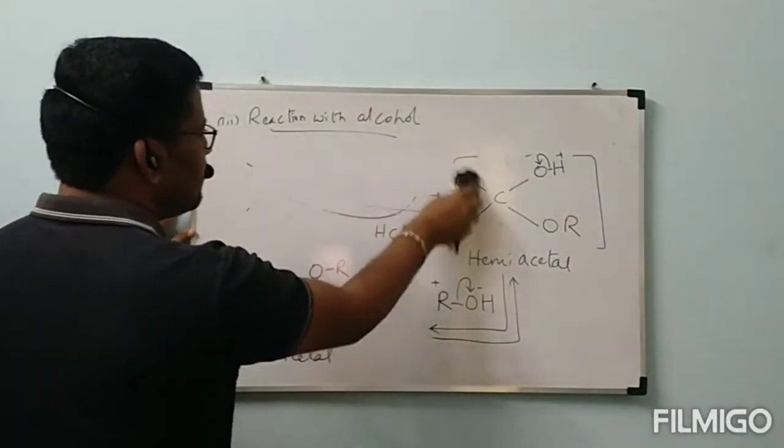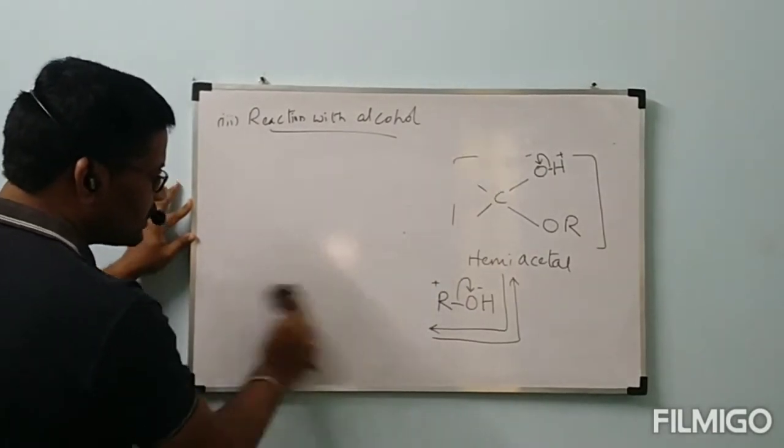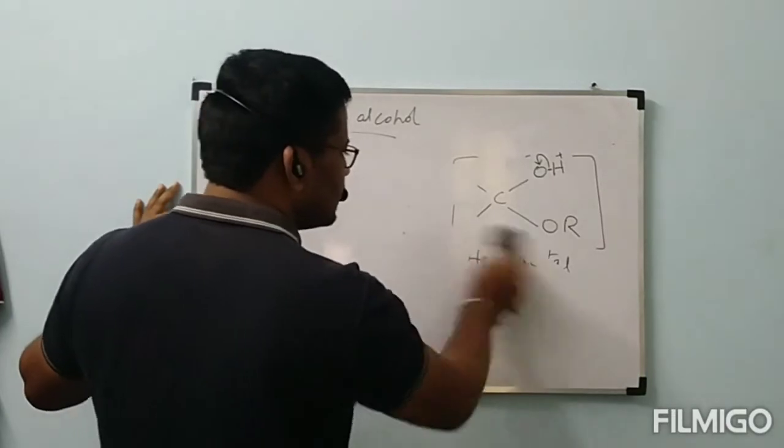Ethylene glycol is also one type of alcohol, which is a diol. Ethane-1,2-diol is called ethylene glycol; the general name is ethylene glycol.